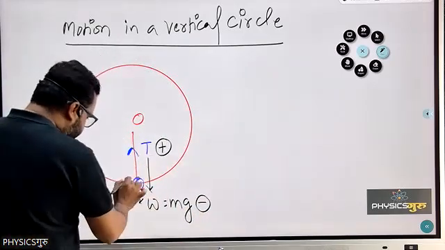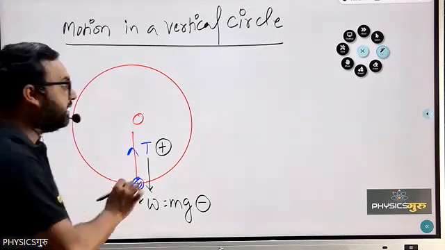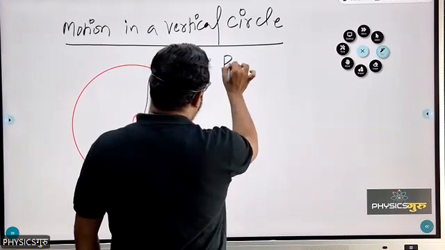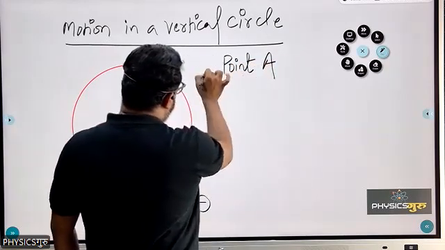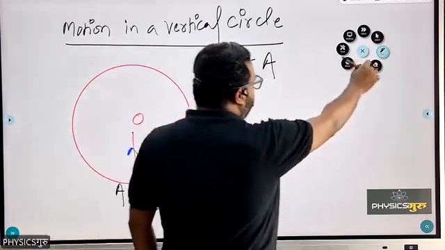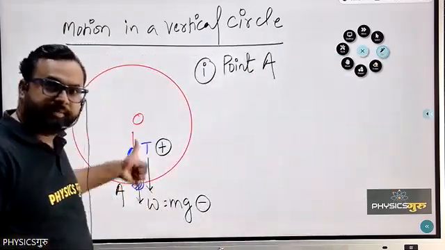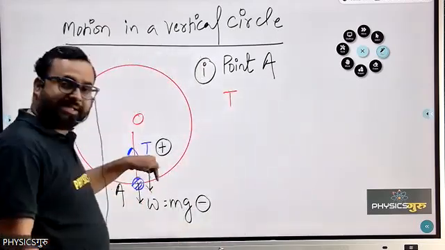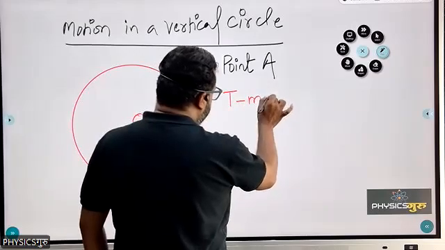Let us assume this position as position A. For point A, tension is acting upward, so we take tension as positive. Weight is acting downward, so we take weight as negative.